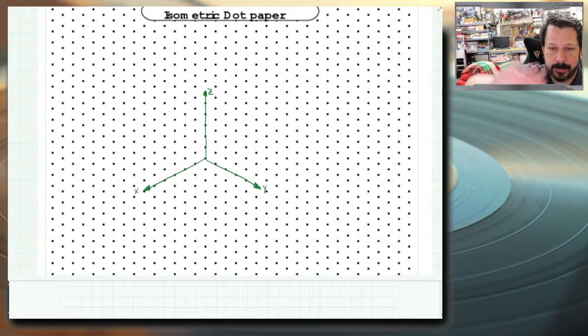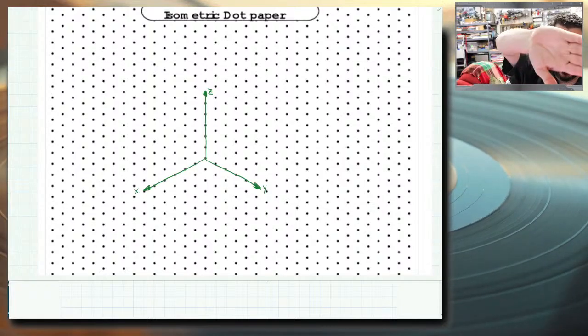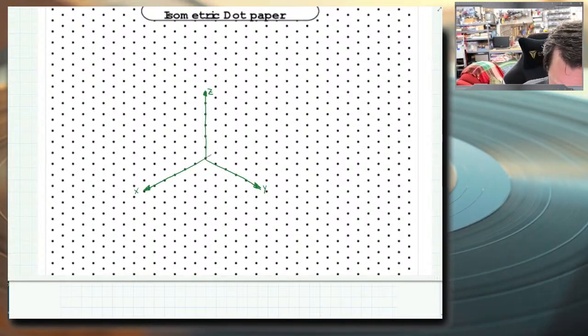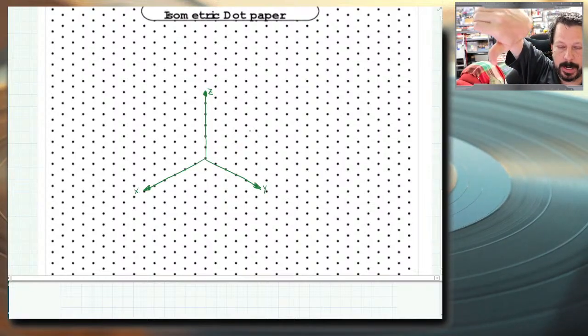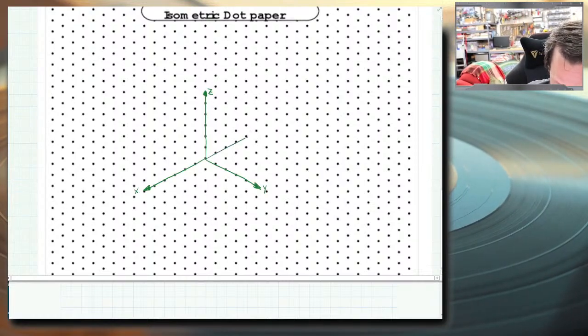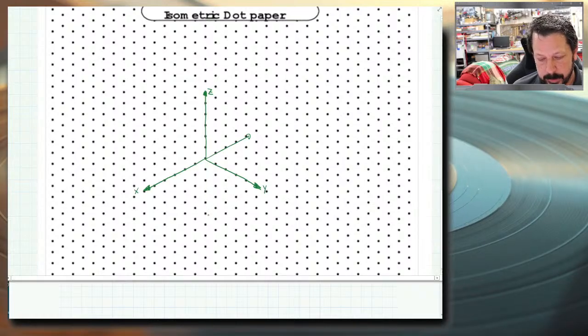So if I had them the other way, where X was going out this way, so you would curl from X to Y, it makes your thumb point down. And if I had drawn them that way with X towards the back, then the positive Z would actually be going downwards, which is not really what I wanted.